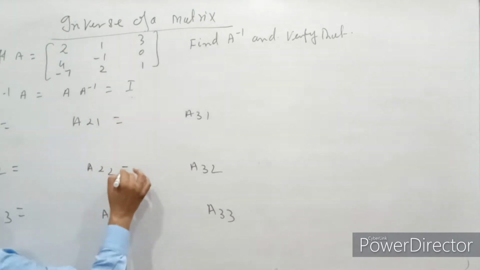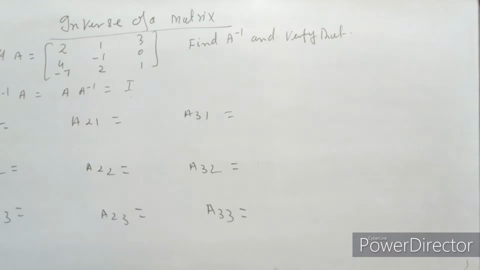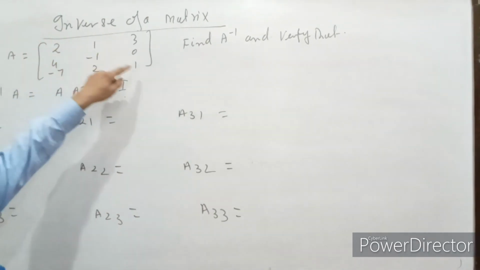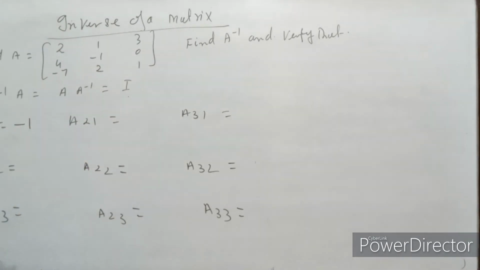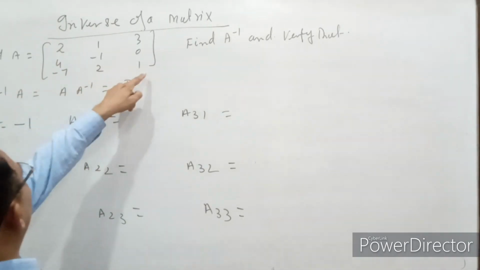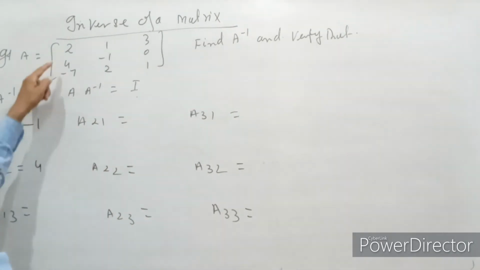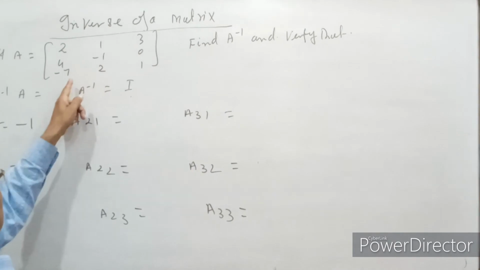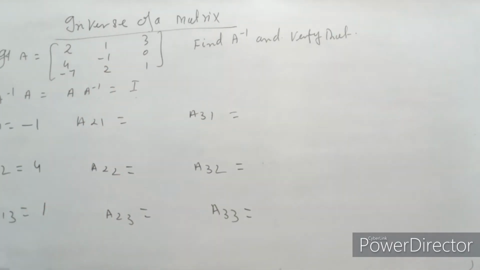First of all, we find the minor of the first, second and third row. देखिए, अगर हम, this into this -1. Now this into this 4. Now this into this 8 and -7, that is 1.